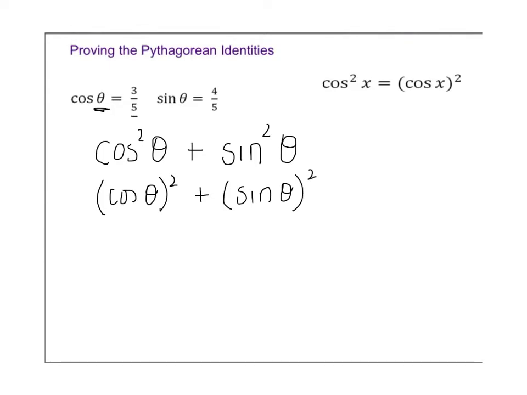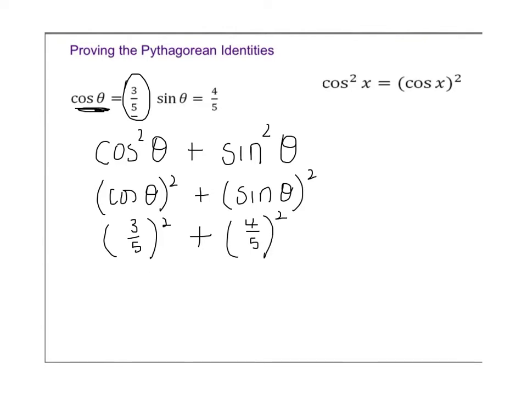squared. And then since we know that cosine theta is equal to 3/5, that means I can substitute 3/5 for the cosine theta. Now 3/5 is a ratio, it is not theta. So I'm not substituting it for the theta, I'm substituting it for that whole thing, the cosine of theta. And I'm going to do the same thing over here with sine theta and square it.